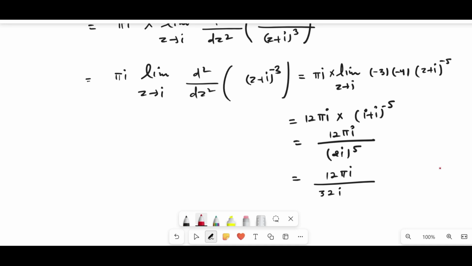You can see that i and i get cancelled out, and 4 3s are 12, and 4 8s are 32, and this value is equal to 3 pi over 8.